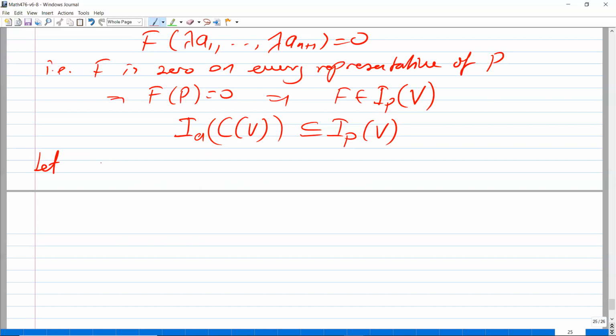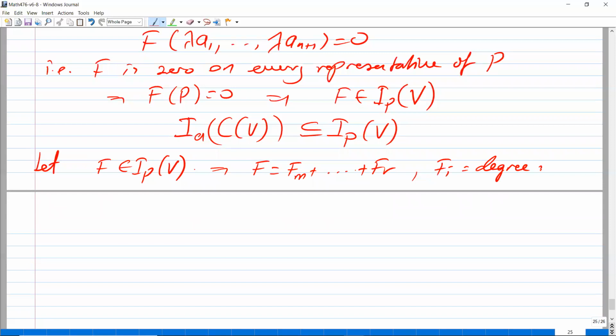Let's take an element F from IPV, and let's show that it is in the ideal of CV. We may write F as Fm plus ... plus Fr, where Fi are degree i forms.